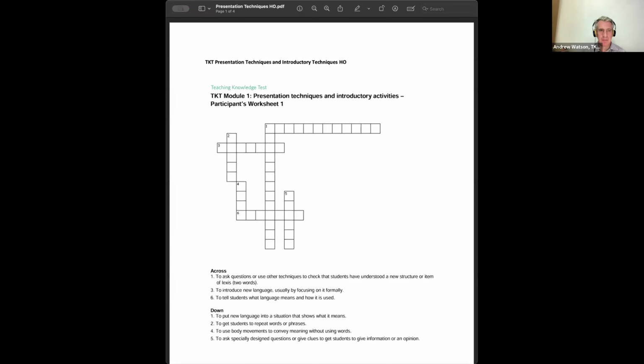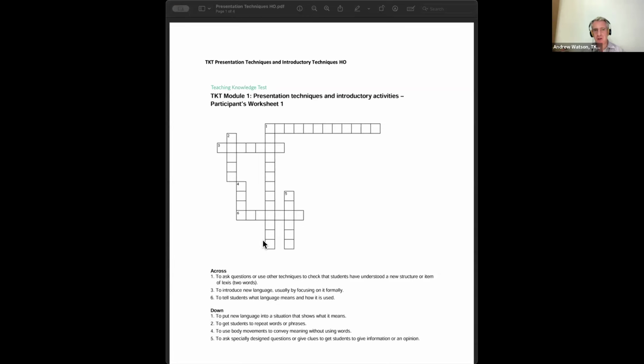Now, I'd like you to have a look at this group. Think back about the puzzle that we looked at earlier. Remember this puzzle?